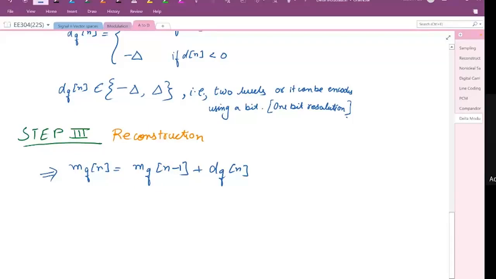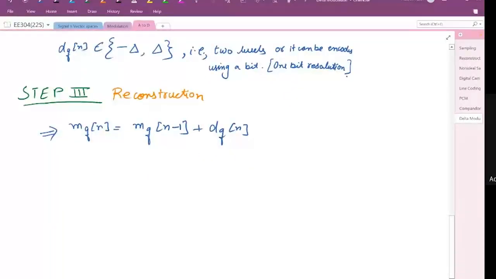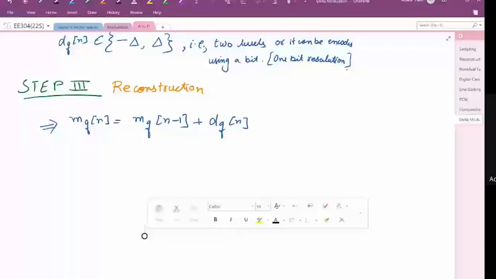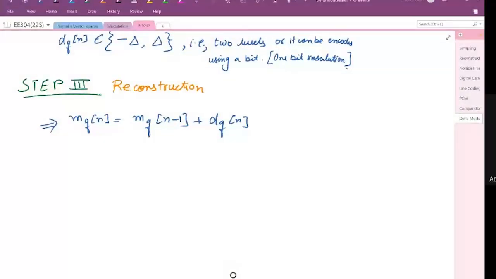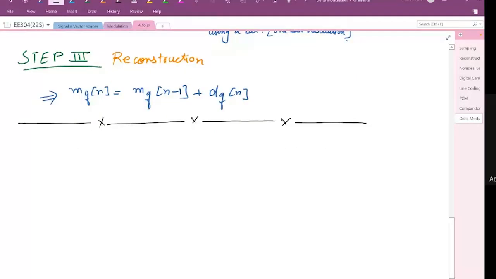So let us take this example. Let us consider an example of a signal.